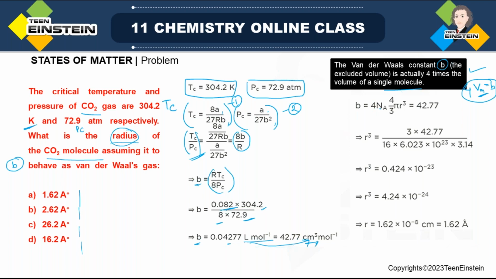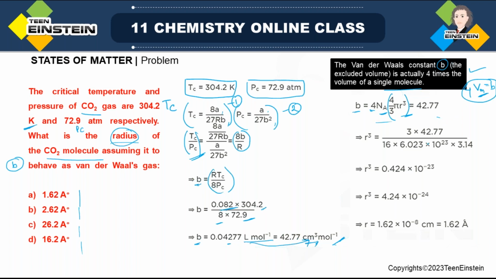So b is equal to 4 times that volume. But as it is per mole, you cannot just take a single molecule. You have to multiply it with Avogadro number. So 4 into volume of a single sphere into Avogadro number is equal to b, and b value we have just calculated, 42.77 centimeter cube per mole.